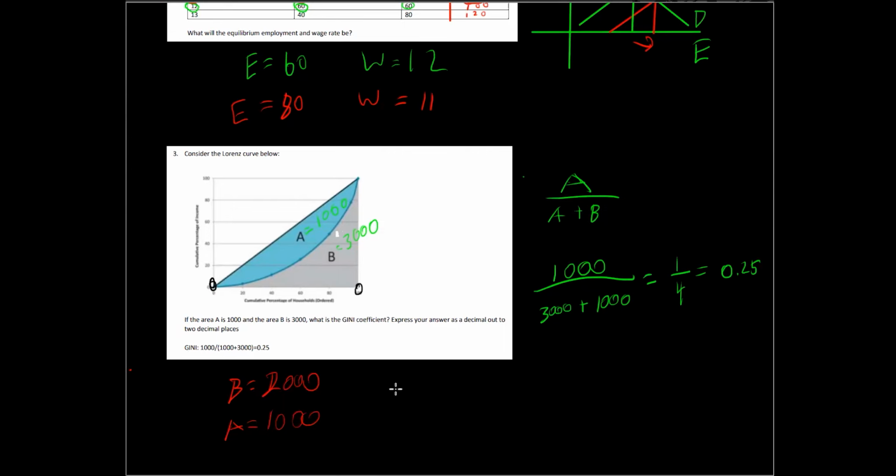So if we calculate the Gini coefficient there, we end up with 1,000 over 3,000, which is just a third, or 0.33 repeating. So if we've got less area in B, then that means that we've got a more unequal society.